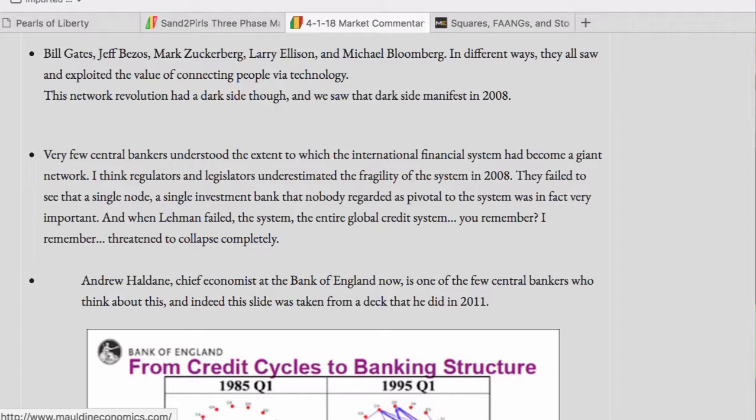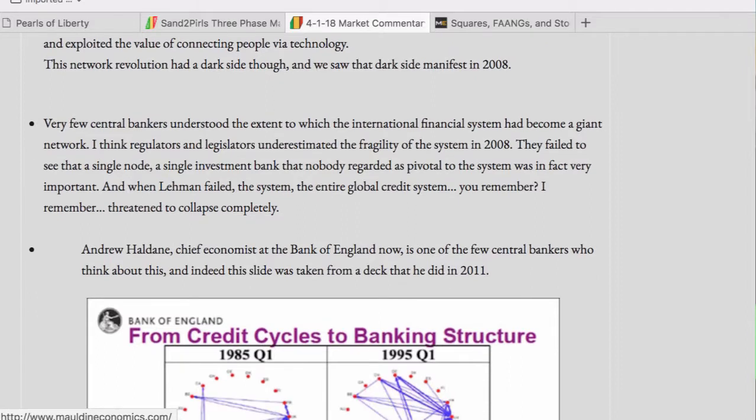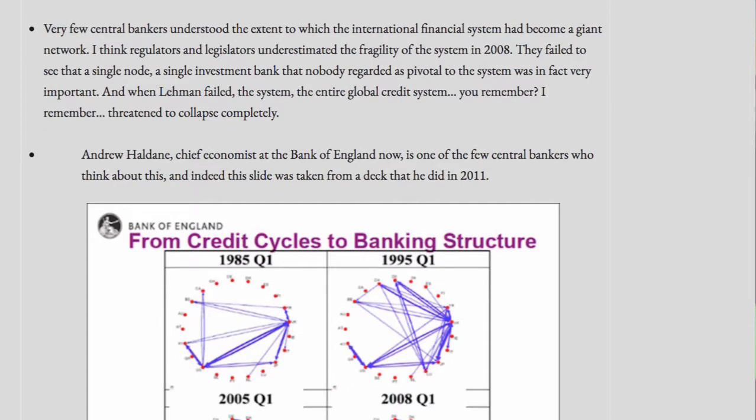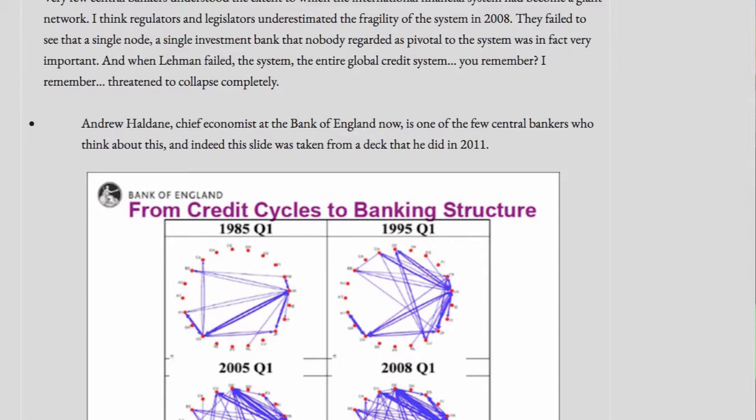This network revolution had a dark side, though, and we saw that dark side manifest in 2008. Very few central bankers understood the extent to which the international financial system had become a giant network. I think regulators and legislators underestimated the fragility of the system in 2008.